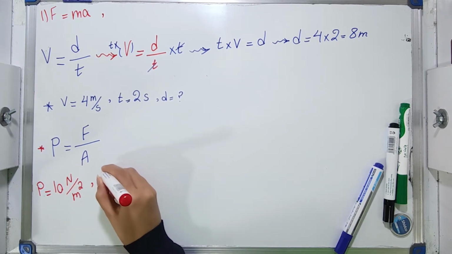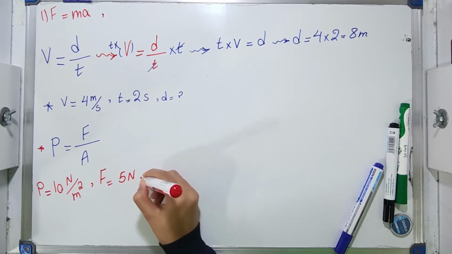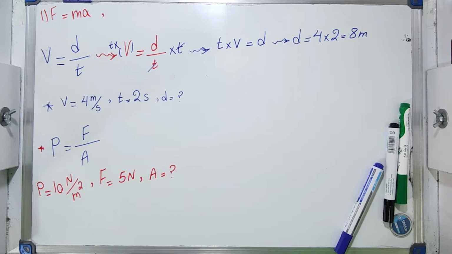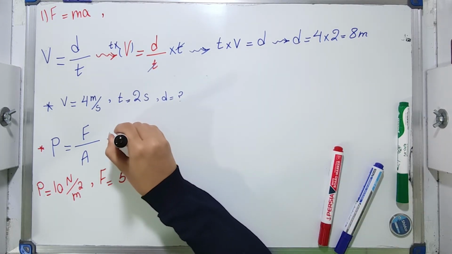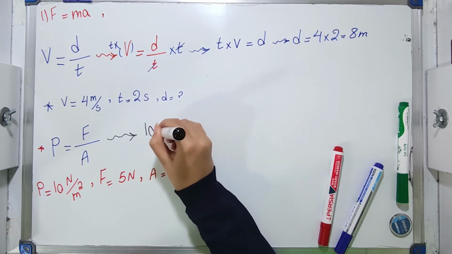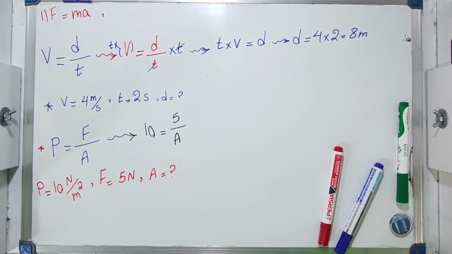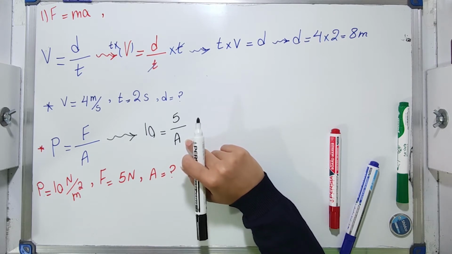And now I know force that is 5 newtons, and I'm going to find out area. So let me just substitute the numbers. 10 equal to 5 over A. What I have to do now is making area alone.